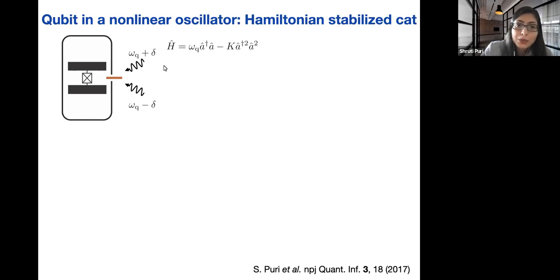In this case, because of this nonlinearity, we can take 1 photon from this drive, 1 photon from this drive, and convert it to 2 photons at omega q. As a result, you get this 2-photon drive, which means that you're exchanging 2 photons at a time with your drives. Omega q is just the frequency, and the phase phi is the phase of the drive with respect to some clock phase sitting in your system.